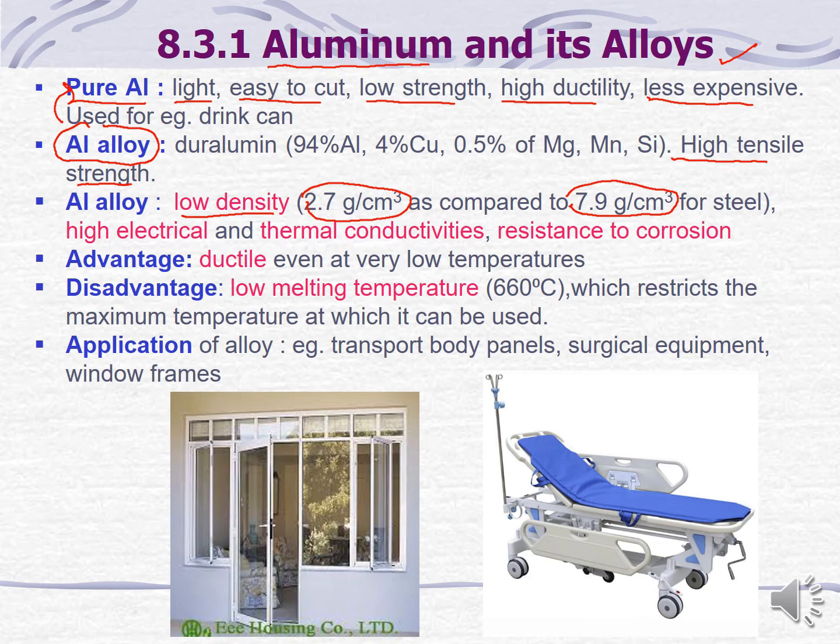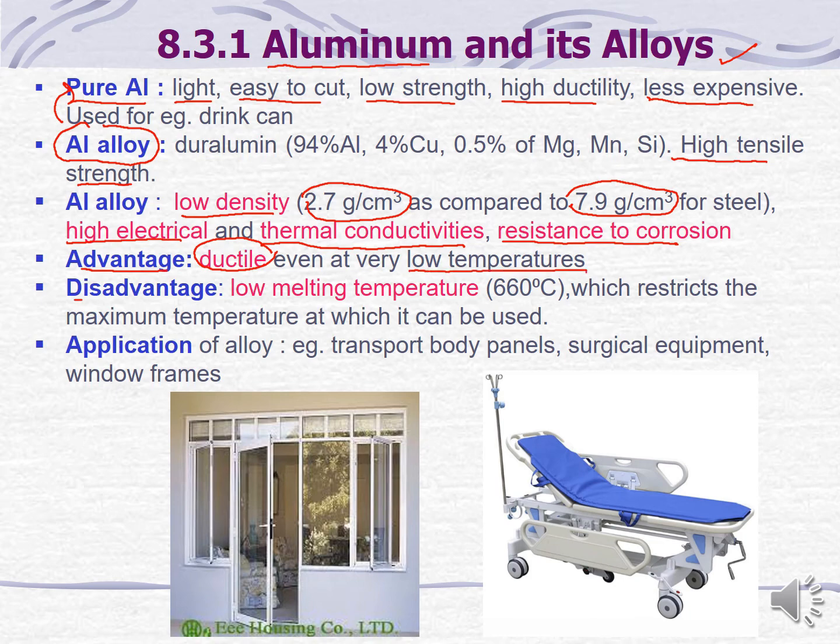Aluminum alloy also has high electrical and thermal conductivities and high resistance to corrosion. In terms of advantage, this alloy is ductile even at a very low temperature.